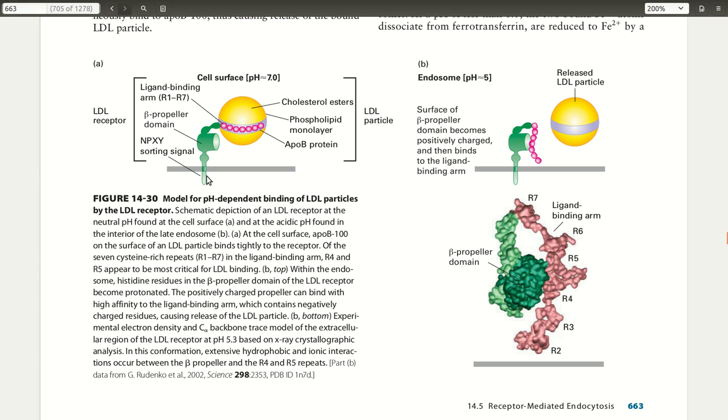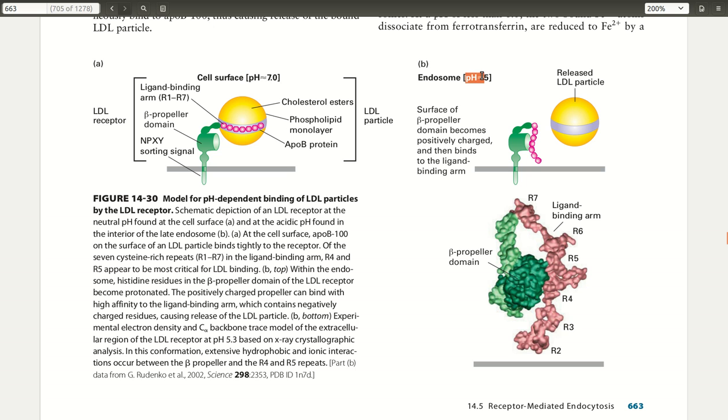Now the sorting signal on the LDL receptor is this one-letter amino acid code, MPXY. You also have this segment called the beta propeller domain, and this ligand binding arm in pink, which is 7 residues long and binds directly to the ApoB protein on the LDL. This is at pH 7, where binding occurs.